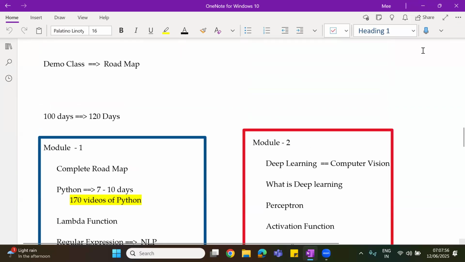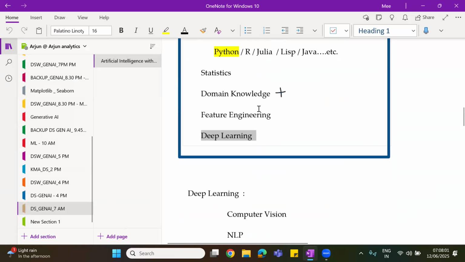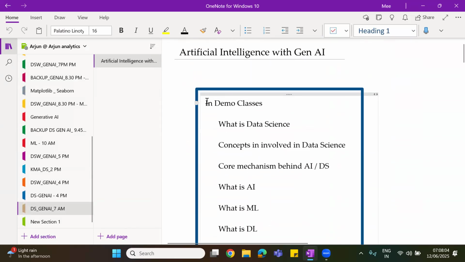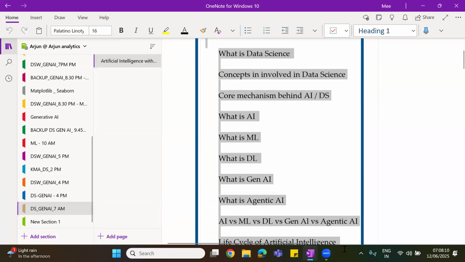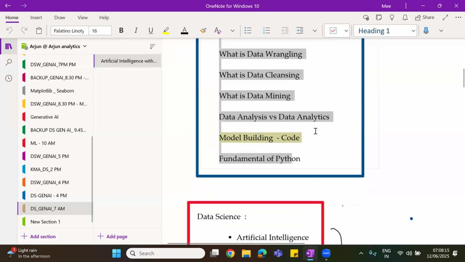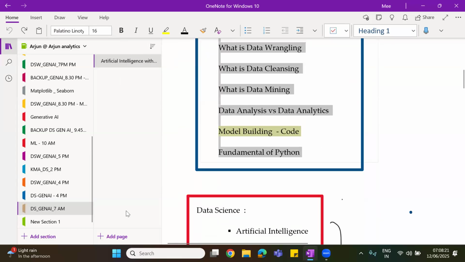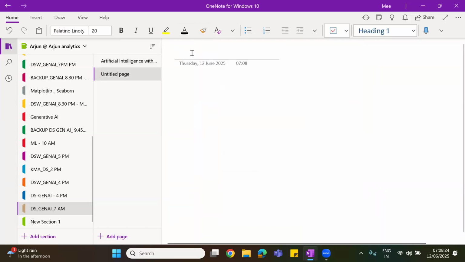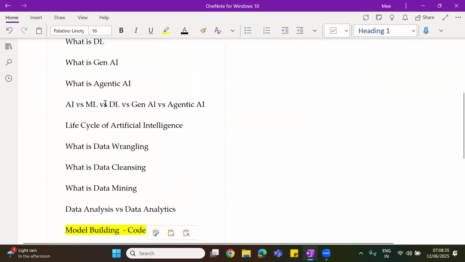Now we are going to enter into it. I'm copying this part because these are the ones we will be covering in our entire demo session. I'll give it as AI with generative AI. Okay, let's start with this.